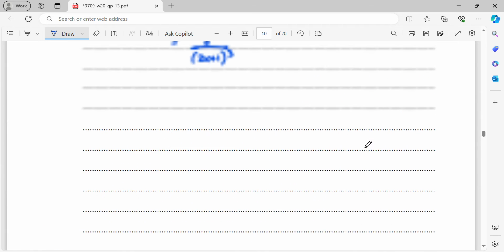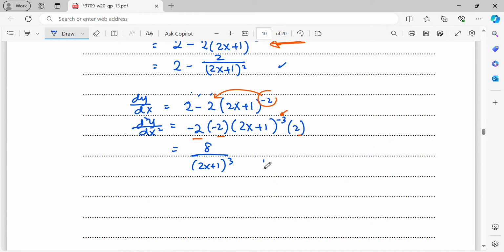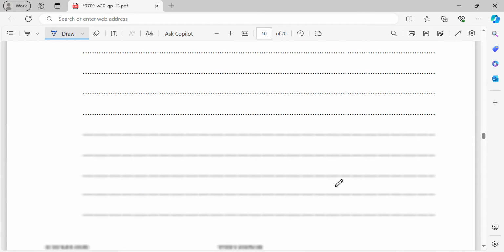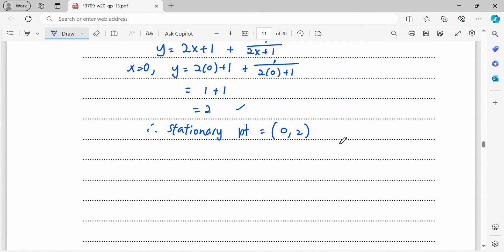So now copy the expression for d squared y over dx squared: 8 over (2x plus 1) cubed. I will write here d squared y over dx squared equals 8 over (2x plus 1) cubed. Now from here I need the x, right? So I will replace the x by 0.